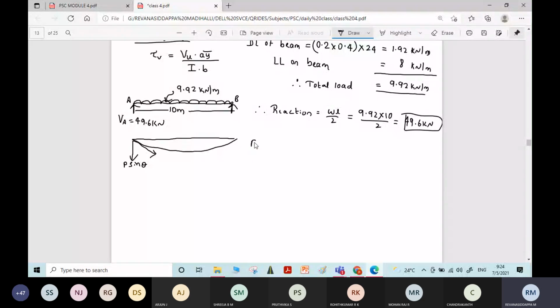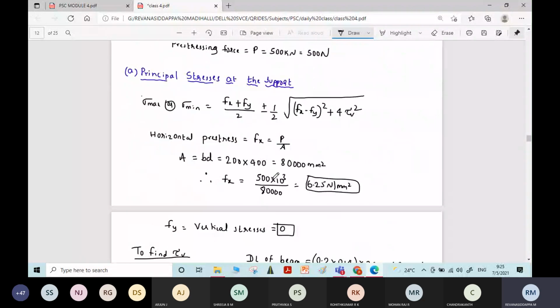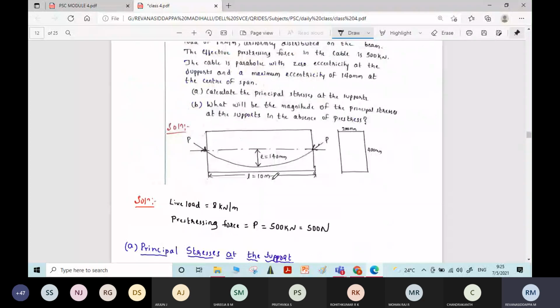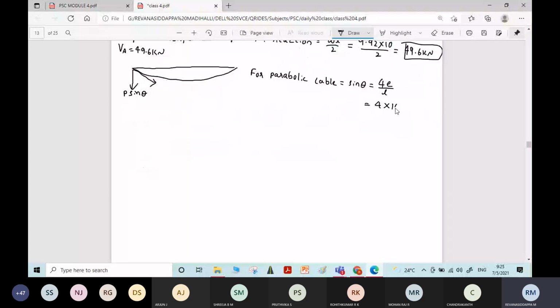So sin theta for a parabolic cable, we know the formula. For a parabolic cable, the sin theta value is, what is the formula? 4e by L, correct? 4 into eccentricity at the midspan is 140 mm, into 140, divided by 10 meters the span, 10,000.